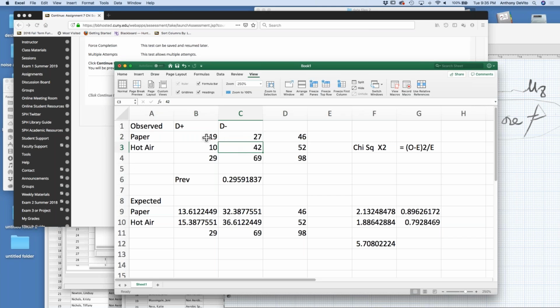So if there's no difference between the odds of getting the disease or not getting the disease with paper or hot air, you would expect the ratio of the odds for paper and hot air to be equal to 1. And if it's not equal to 1, and the confidence interval for that odds ratio excludes 1, you can reject the null hypothesis that the odds ratio is equal to 1 and accept the alternative that it's not equal to 1, which means that the odds are different for the two groups.